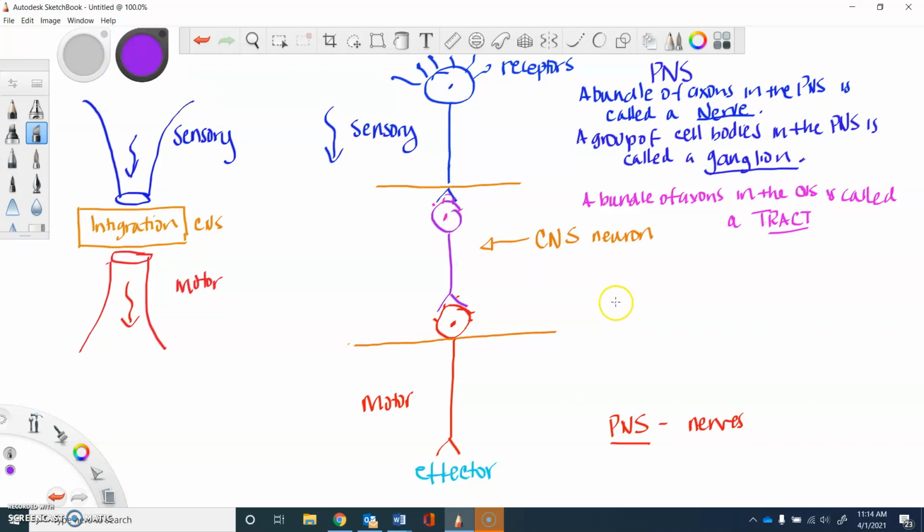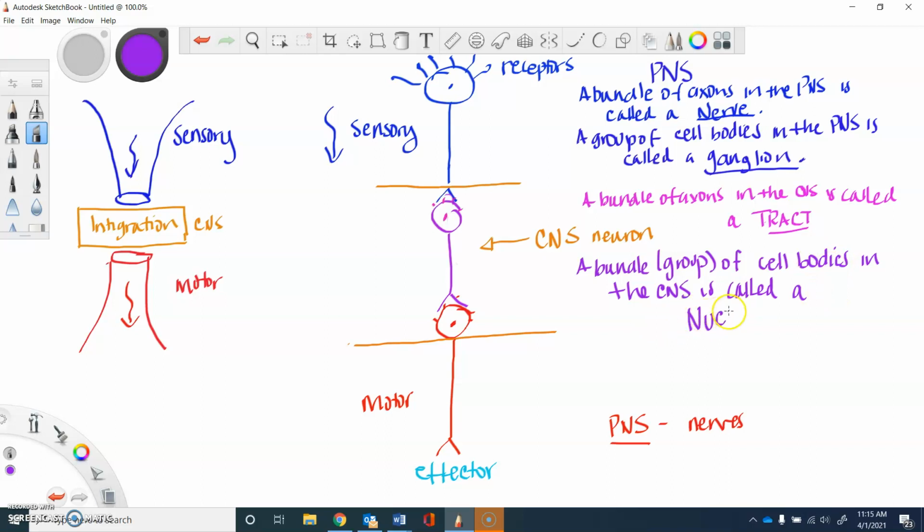In the central nervous system, a group of cell bodies in the central nervous system is called a, get ready for it, nucleus.